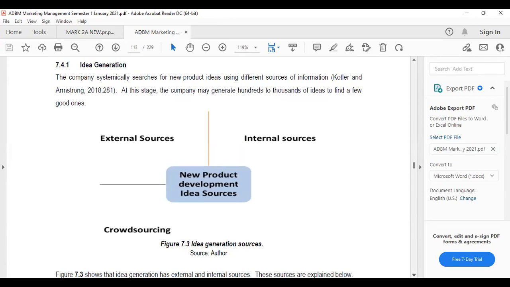So you use various techniques here to ensure that you generate different ideas from different people. You are trying to get as many ideas as possible. So you can get the sources of the ideas either internally, externally, or what they call idea crowdsourcing.